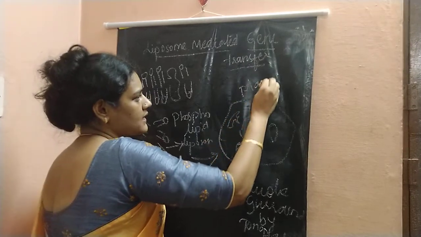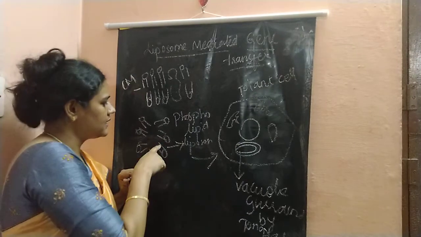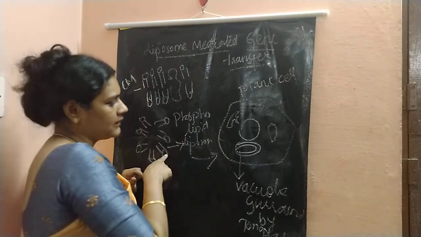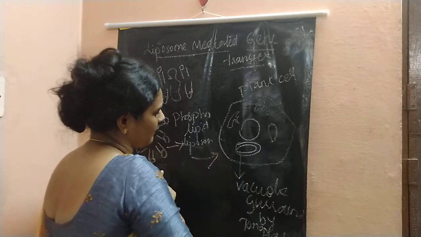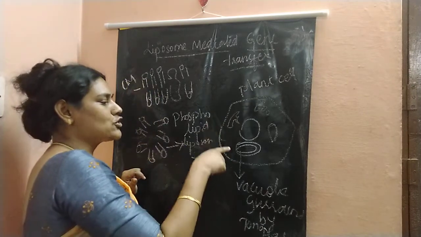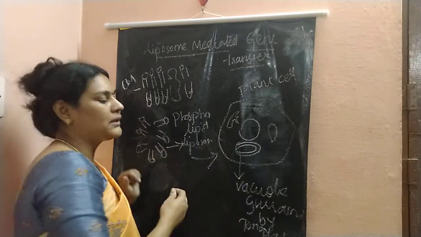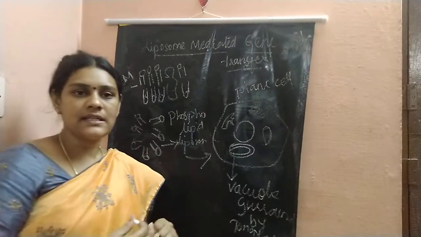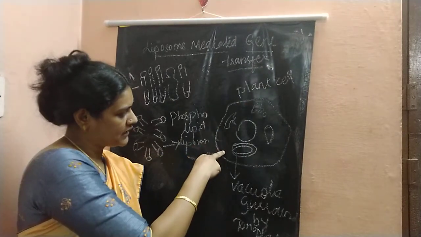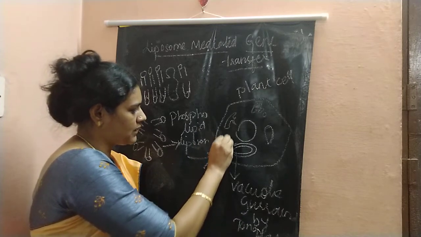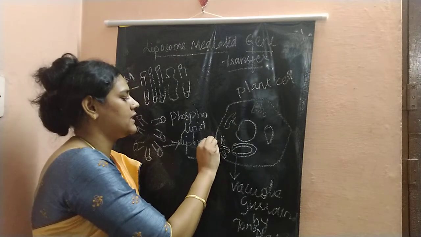How does it easily enter and help transfer the DNA? This liposome is a vesicle, and it inserts the DNA into the plant cell. The liposome enters the plant cell along with our desired DNA, the DNA insert.